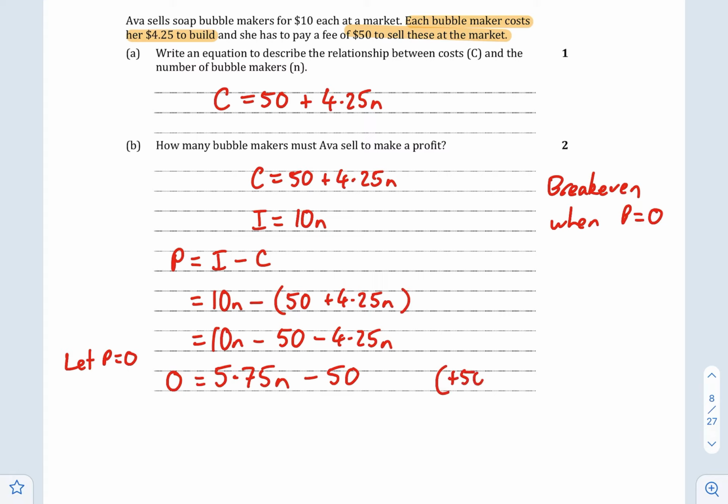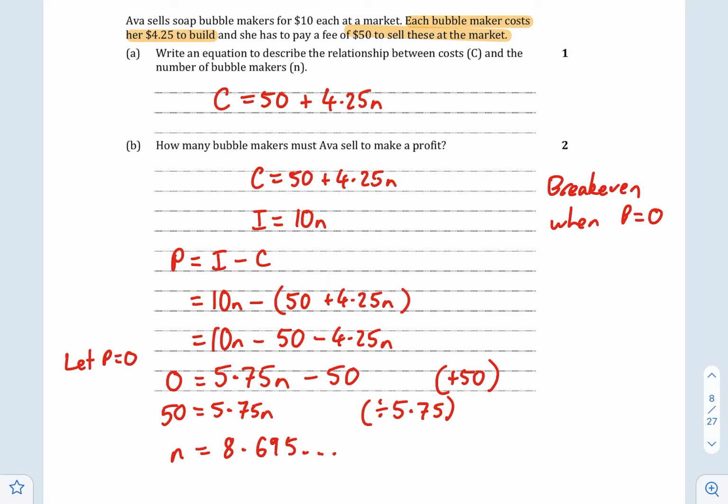If I add 50 to both sides, I get 50 is equal to 5.75n. And I want to get n on its own, so I'm going to divide both sides by 5.75. When I do that, 50 divided by 5.75 gives me 8.695.